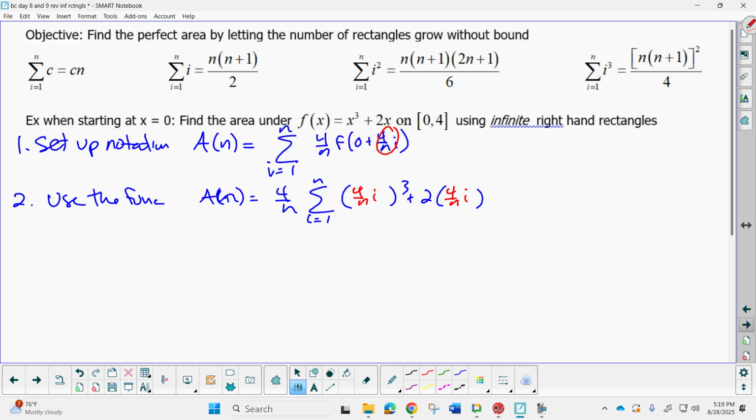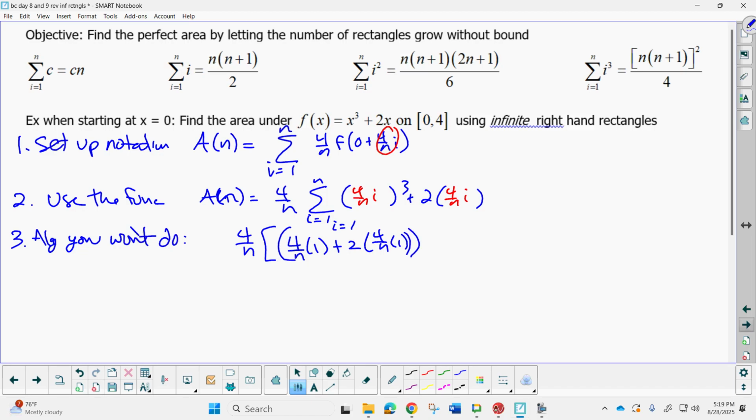All right. Now then, here's where it's easy to get stuck. Okay, great. Now what? Now this algebra you won't show, but for your note purposes, let's be clear. This would be 4 over n out front. And when i equals 1 goes in, you'd have a 4 over n times 1 cubed plus a 2 times 4 over n times 1.